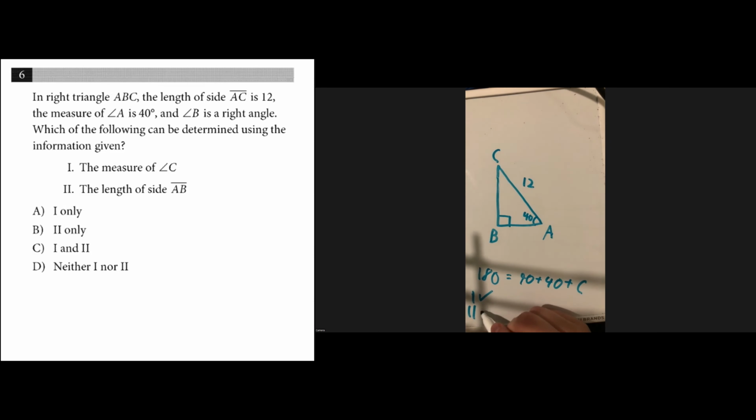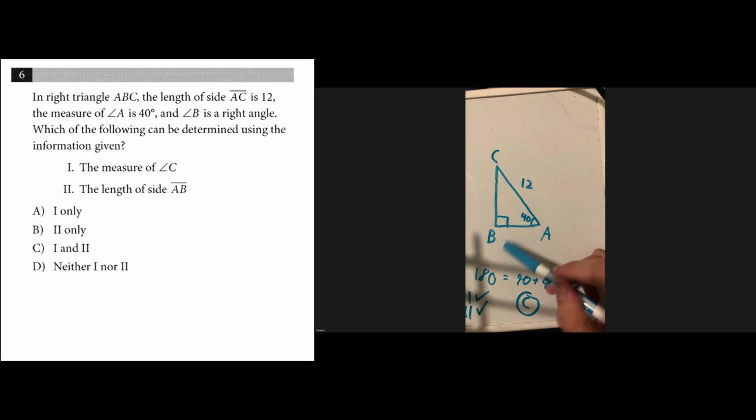So we could figure out number 2 too. So the correct answer would be answer choice C. So for sine, cosine, and tangent, you either need to know two of the side lengths, or you need to know a side length and an angle.